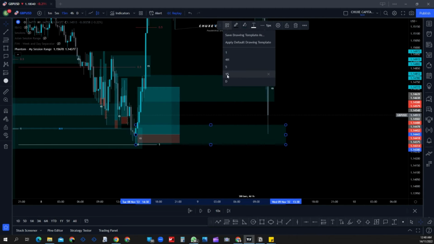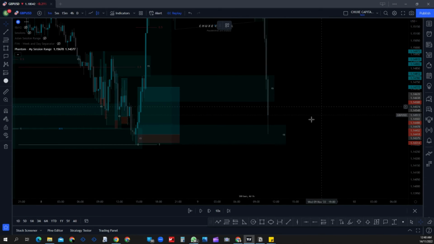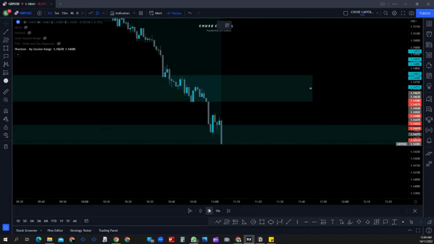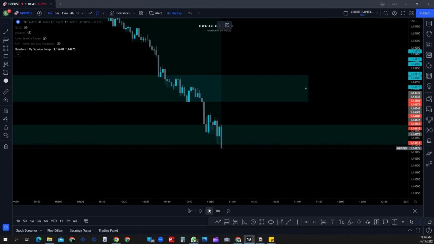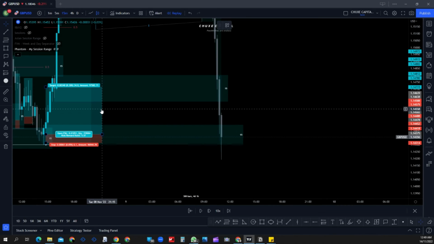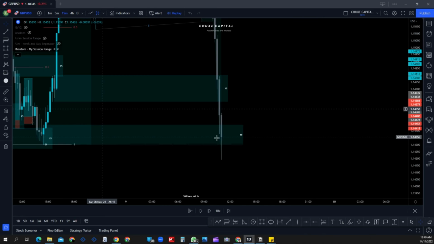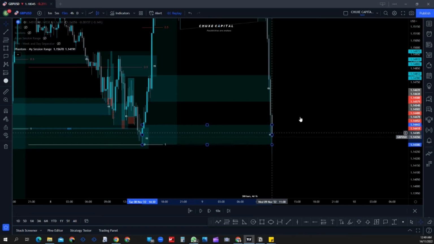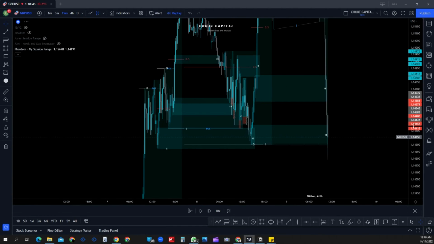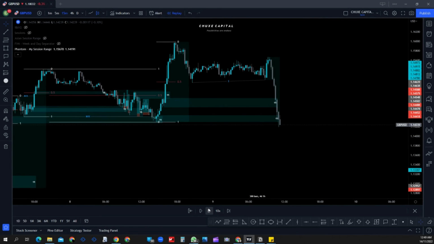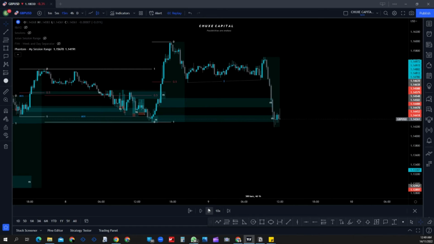So 15 minutes, drop to the 1 minute, and then it breaks through. Okay, so we're shifting bearish again.